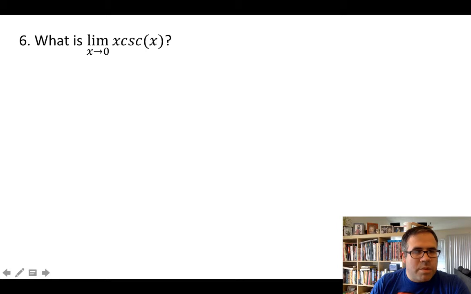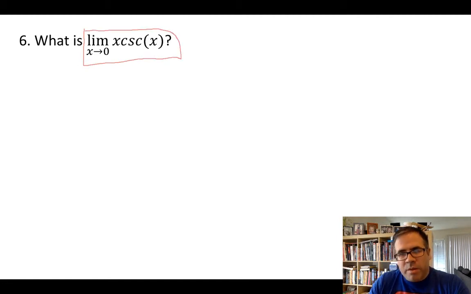And then this last one, what is the limit as x goes to 0 of x cosecant x? This should inspire a little bit of panic when you look at it first, but we see a cosecant. Whenever you see one of the more complicated trig functions like secant, cosecant, tangent, cotangent, and it's in a situation that you're not familiar with, go back to the definition in terms of sine and cosine.